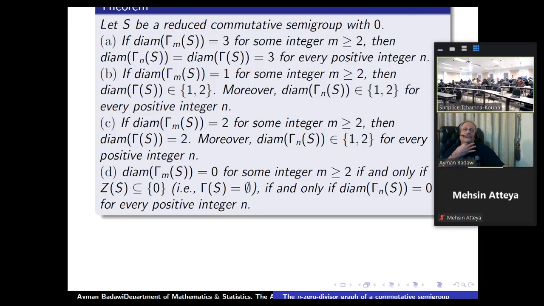So here is an answer for 3. For 1, things change. For number 2, oh, I ran out of time.